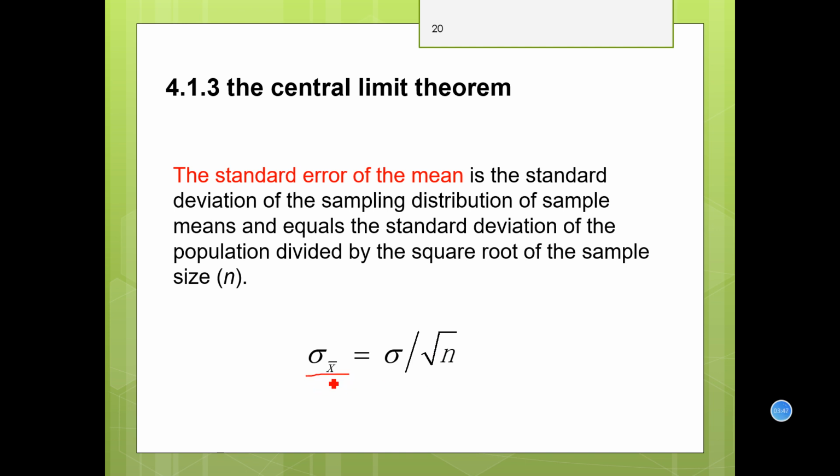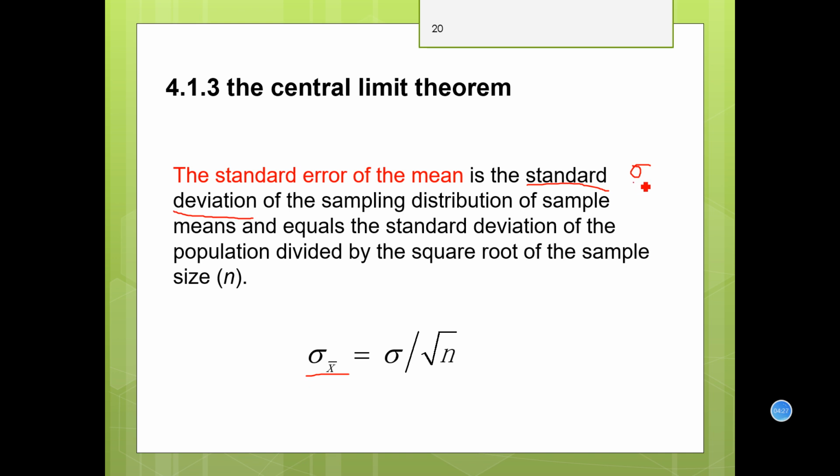So this one we can call the standard error. The standard error of the mean is the standard deviation of the sampling distribution of sample means. So that is very special. You need to distinguish the difference between standard error and standard deviation. When we are talking about the standard deviation, we mean sigma.